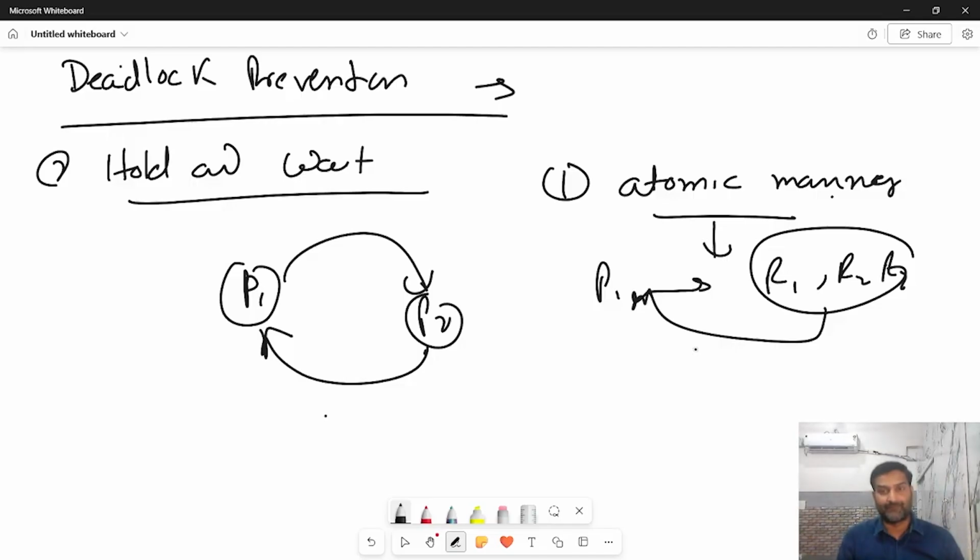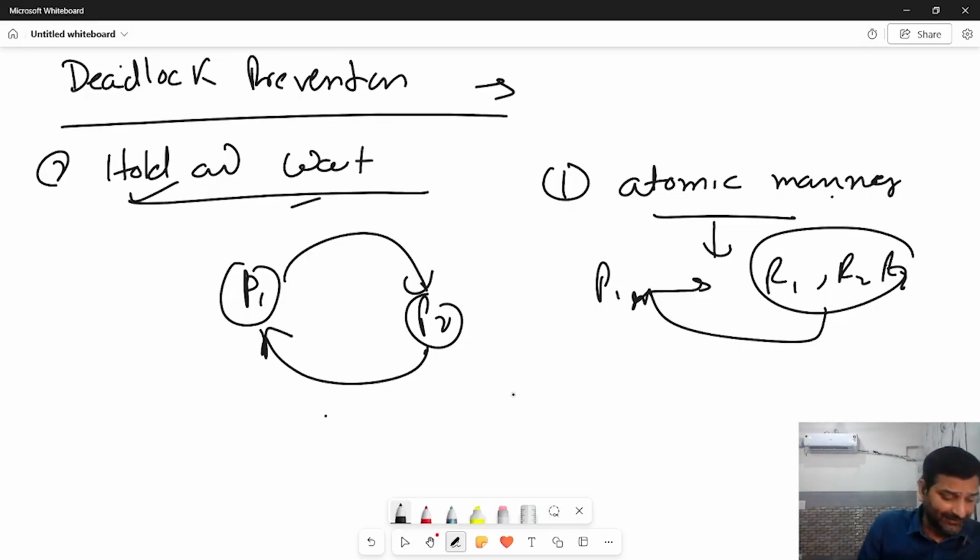This is the meaning of atomic. So if you provide all the resources a process needs at the very beginning, then there will be no chance of hold and wait.